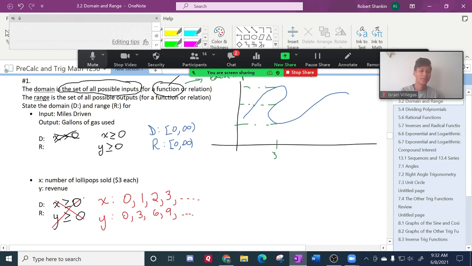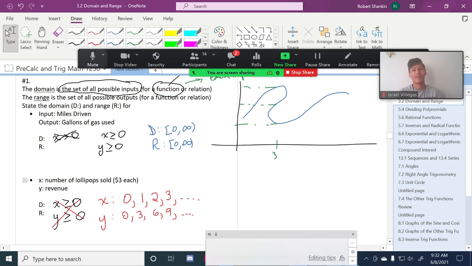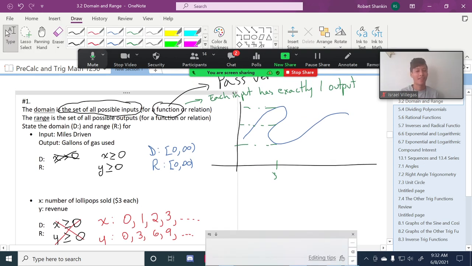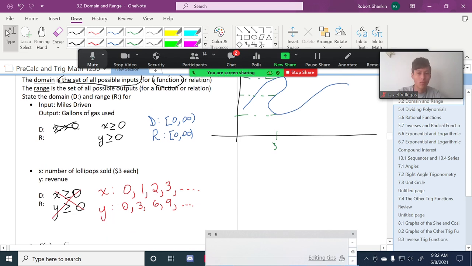So it depends on your situation and the context of what makes sense. Over here, yes, we can drive half a mile and use 3.2 gallons of gas. But here, we can't do fractions.